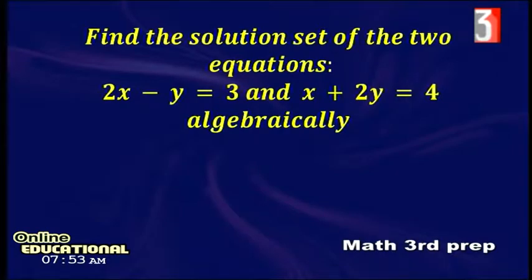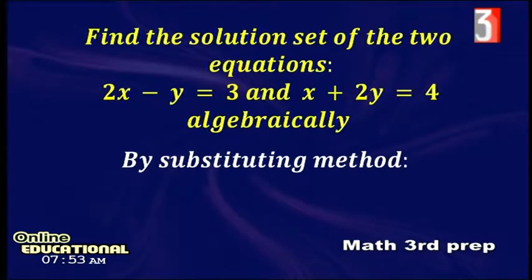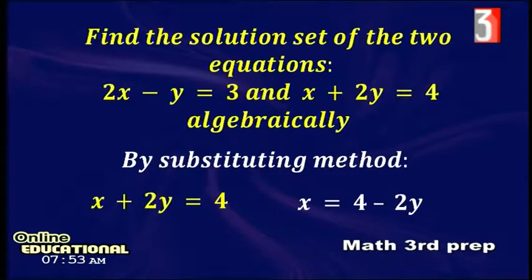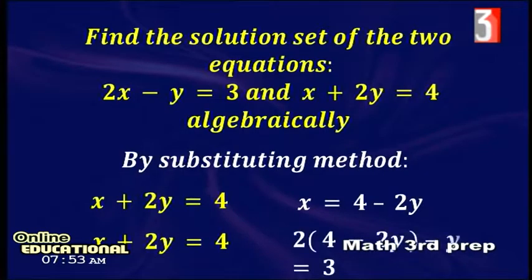First of all, by the substitution method, as x plus 2y equals 4, you can find the value of x as its coefficient is 1. So x equals 4 minus 2y. By taking the value of x as 4 minus 2y and substituting it in the other equation, which is 2x minus y equals 3, you are going to find 2 multiplied by (4 minus 2y) minus y equals 3.